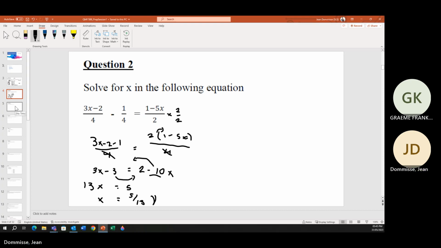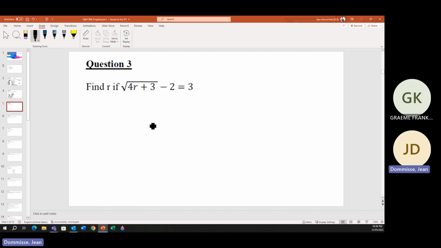Okay, so the next question that we're looking at is very similar to solving for x, but using r. Basically we need to solve for r.